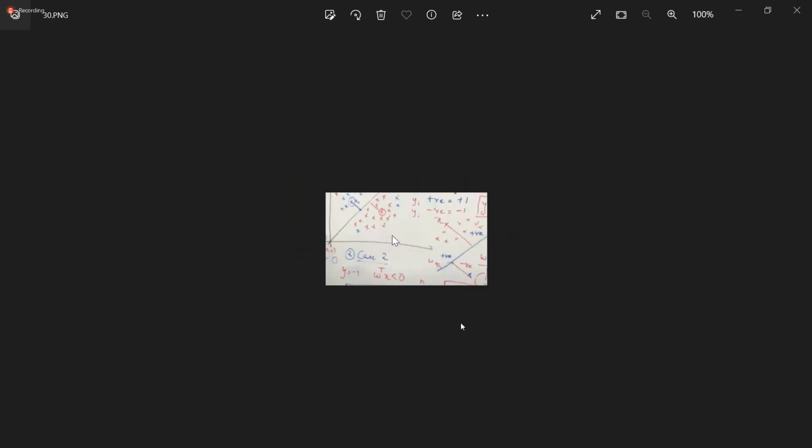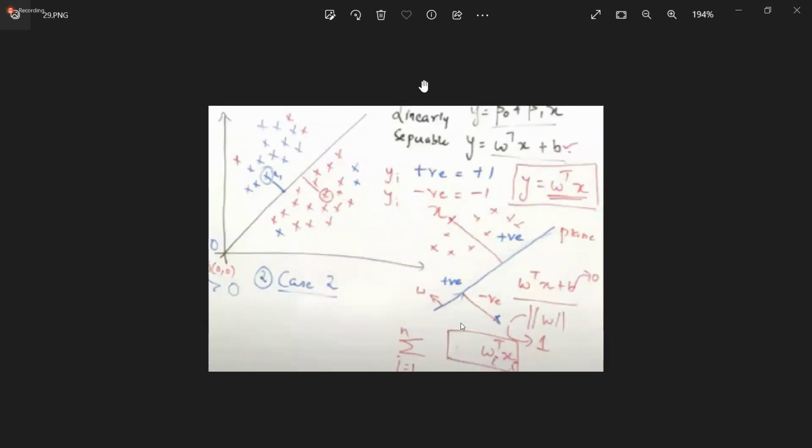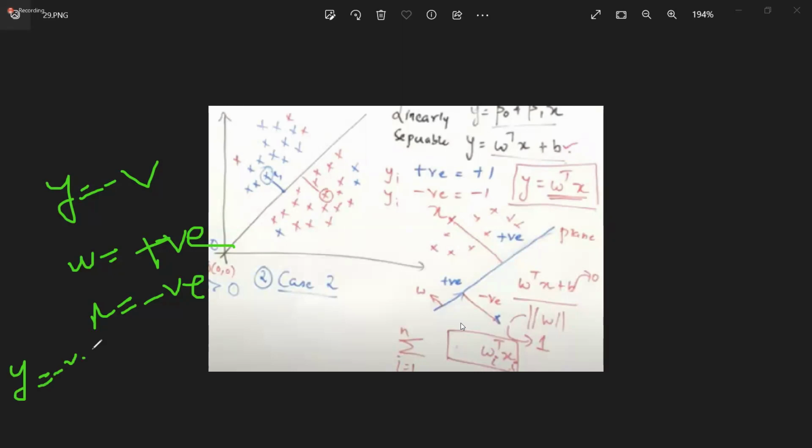Just one moment. In case 2, y is negative. Slope is positive. Very good. Slope is positive, and x is negative, isn't it? The distance from this plane is negative. So here y is negative, w is positive, x is negative.